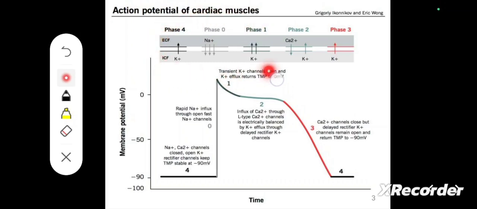So this diagram represents what type of movements occur in each particular phase. Consider phase 0: there is an inward movement of sodium ions. Phase 1: there is an outward movement of potassium ions.